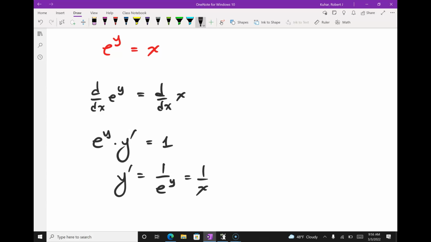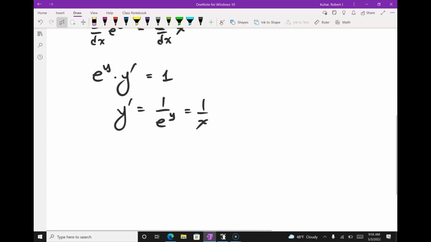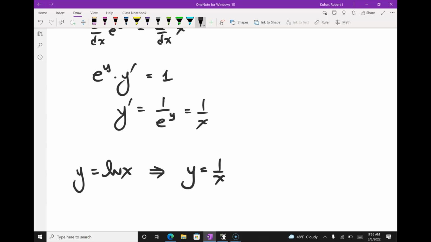So we have two shortcuts that we want to memorize now. Right? If y equals ln of x, y prime is 1 over x. And if y equals ln of u, y prime is u prime over u.